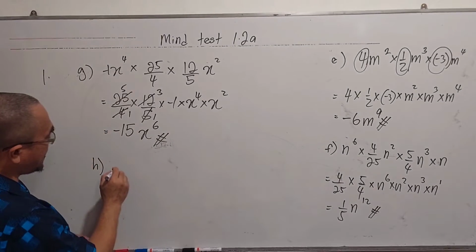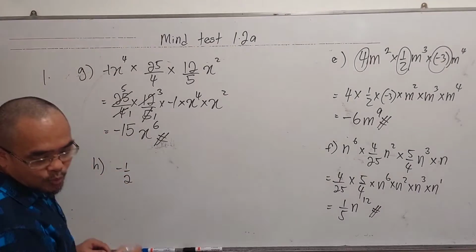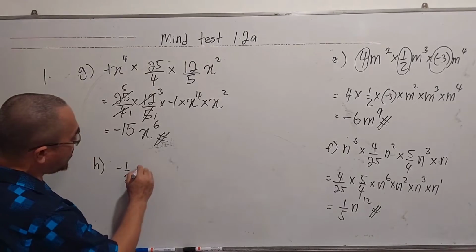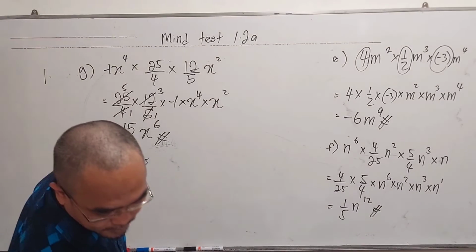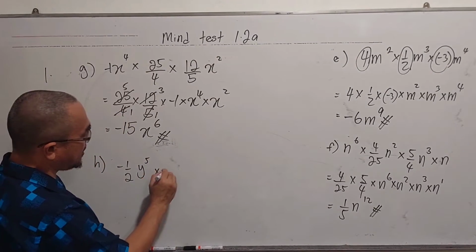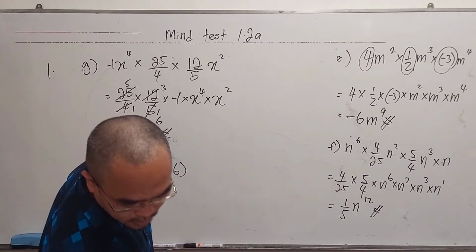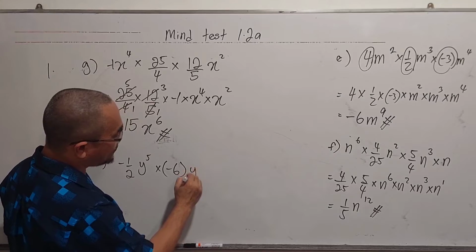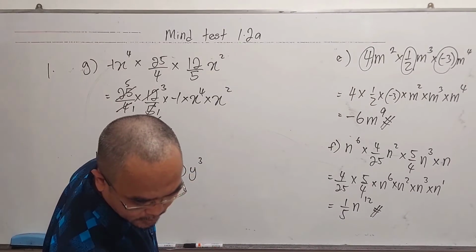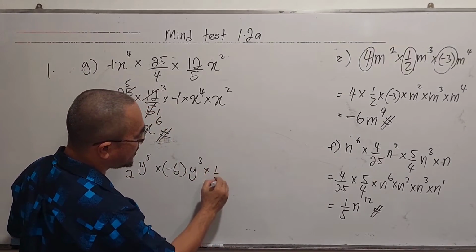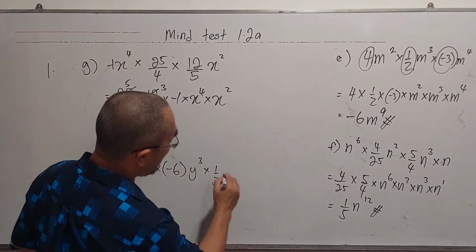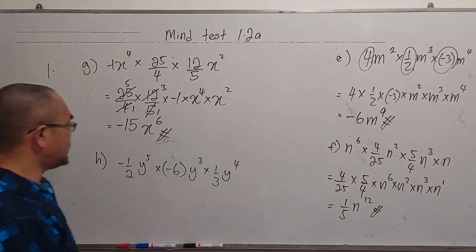And h, it will be negative 1 over 2 y power 5 times negative 6 y to the power of 3 times 1 over 3 y to the power of 4.